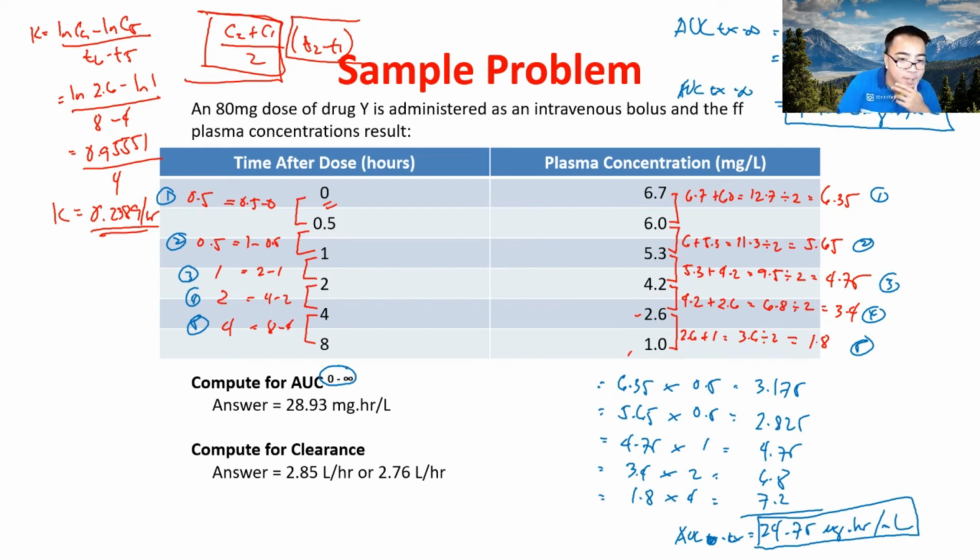Now, our question is AUC from 0 to infinite time. So that means it's simply the addition of 24.75 plus 4.1862. You get... Wrong button. Again. 4.1862 plus 24.75. 28.93, actually 28.9362.